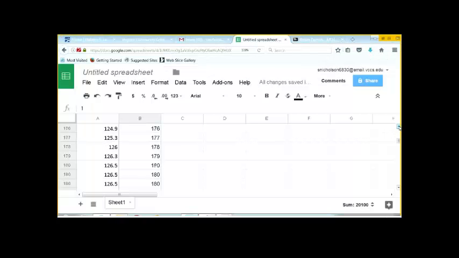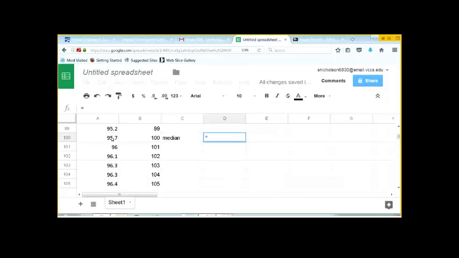in this case I have 200 data points. So what that means is the 100th and the 101st numbers should average together to be the median. So I'm looking in column B. So in this case, my median is going to equal this number plus this number, and I need to divide by 2, so I'll do that in a second.